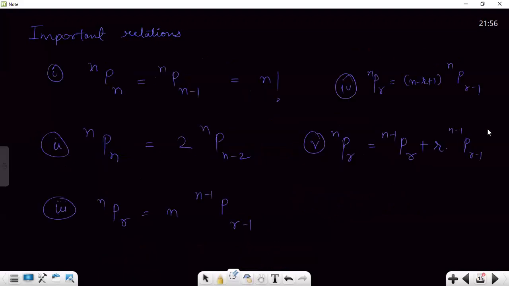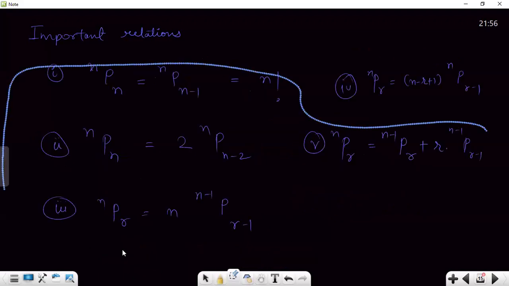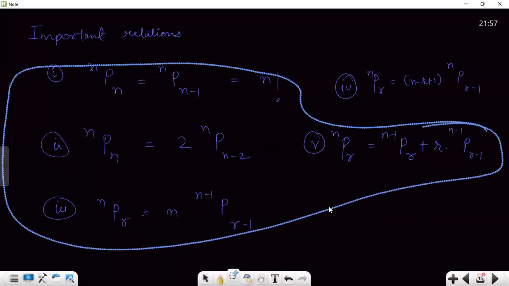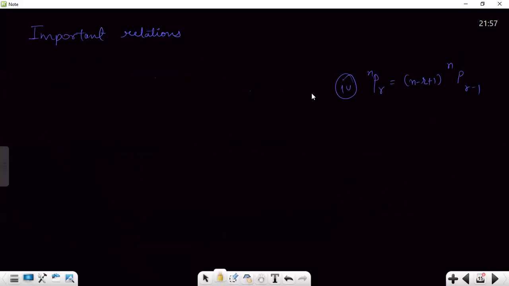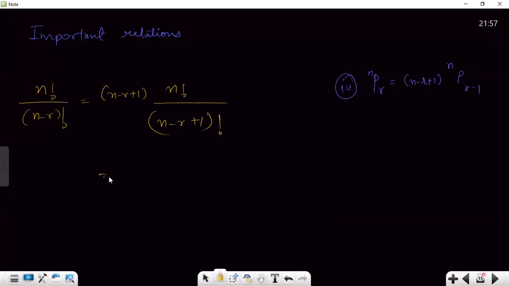Let's now discuss the fourth property. Left hand side, basic formula is equal to n minus of r plus 1 into n factorial divided by n minus of r plus 1 factorial. Okay.